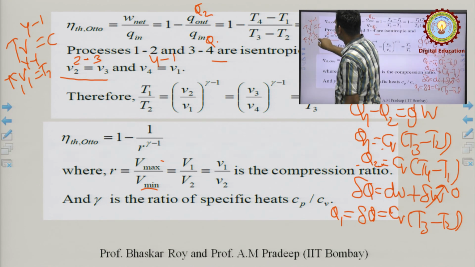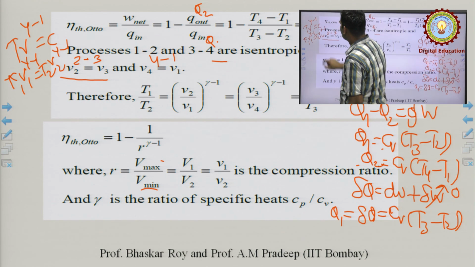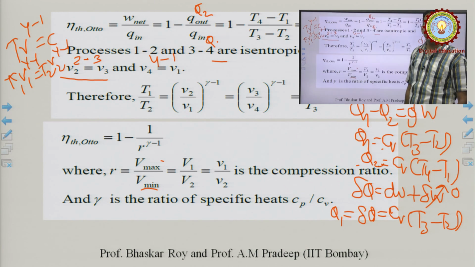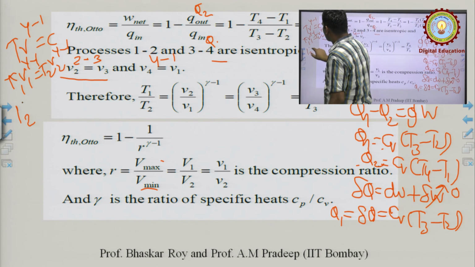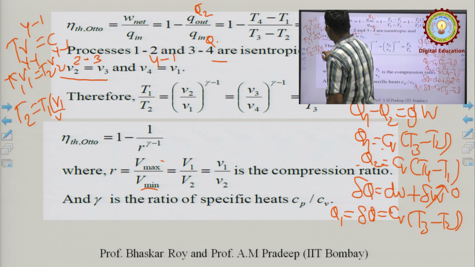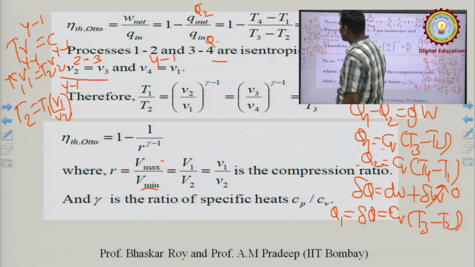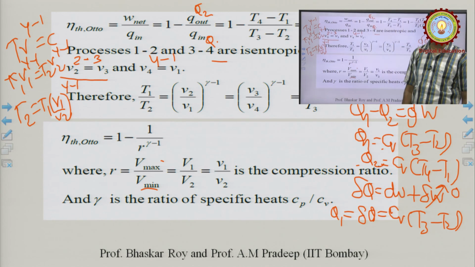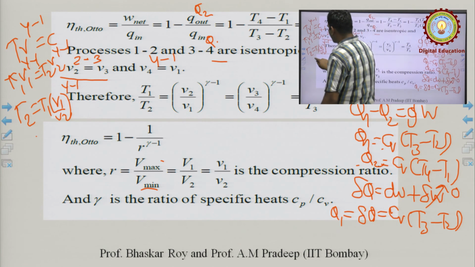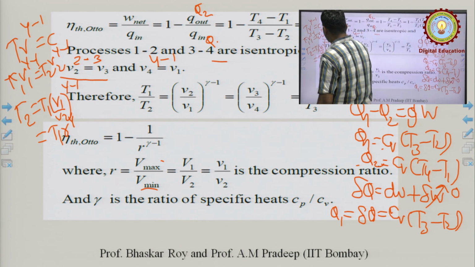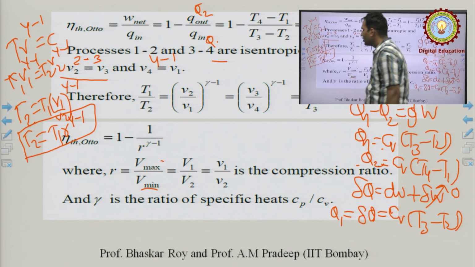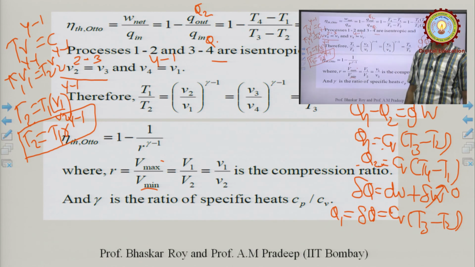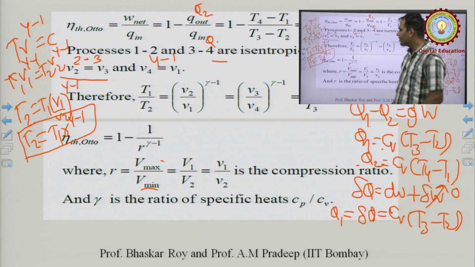From this expression you can write T2 is equal to T1 (V1 by V2)^(gamma minus 1). As we have already discussed, V1 by V2 is the compression ratio. So, T2 is equal to T1 R^(gamma minus 1), where R is the compression ratio, that is V1 by V2.